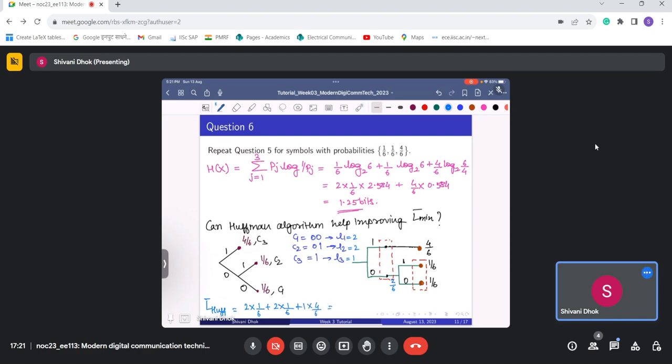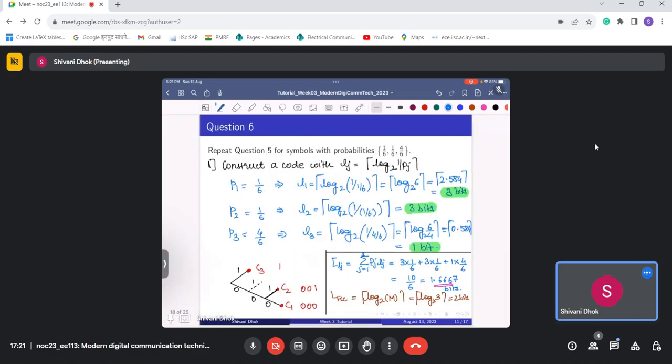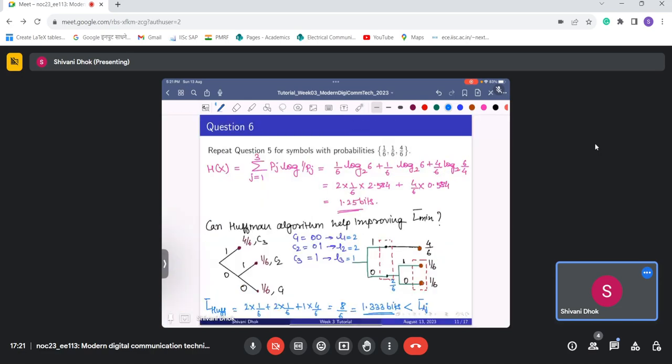So this is 2 plus 2 plus 4, which is 8 by 6, which is simply 1.333 bits. Now this 1.333 bits is less than what we had obtained for L_j, which was 1.6667. Also, this is closer to H(X).